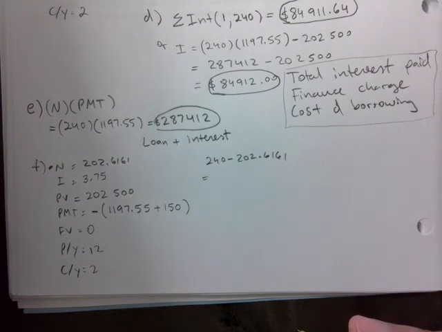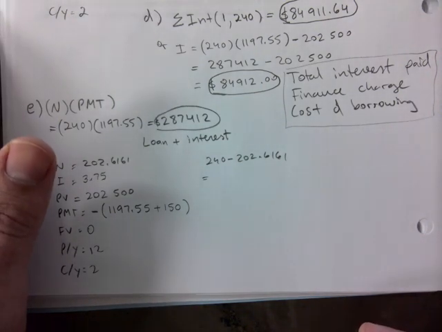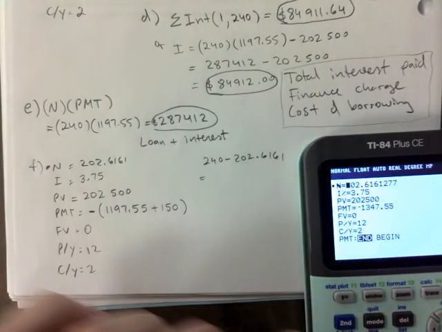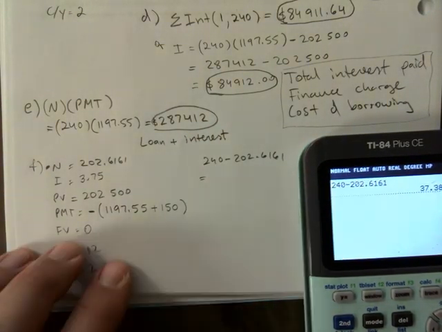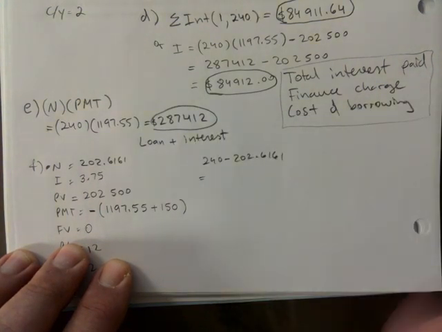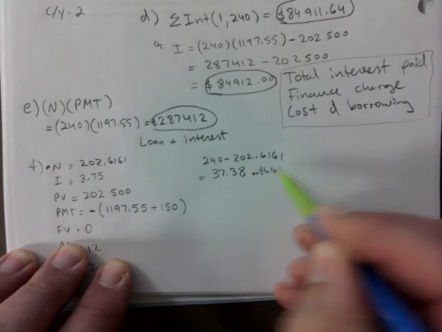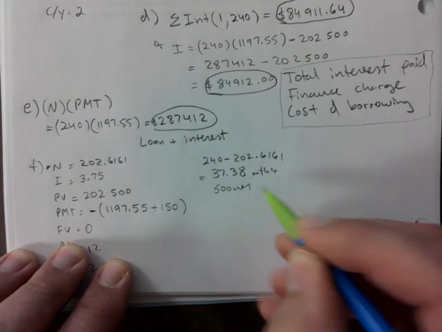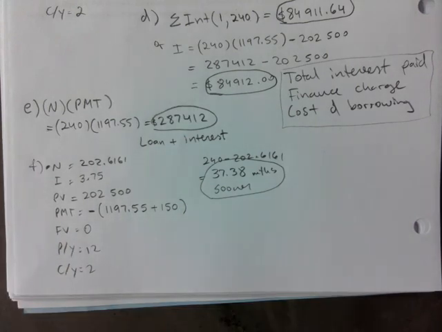Yeah, 150. 37.38 months sooner. What would that be in years approximately? 3 years. You're shaving off 3 years off of your mortgage.